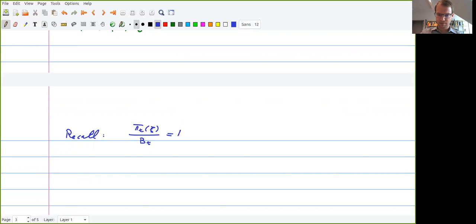So this means this is nothing else than the conditional expectation of the discounted price at t plus 1, given the information at time t, since the discounted price process is a Q martingale.